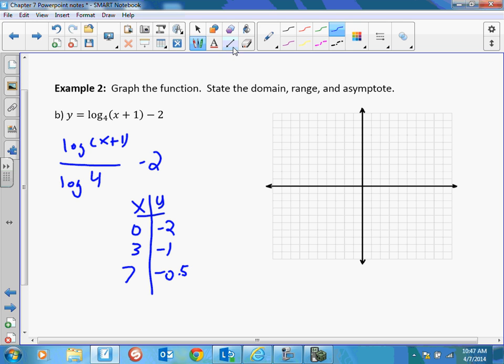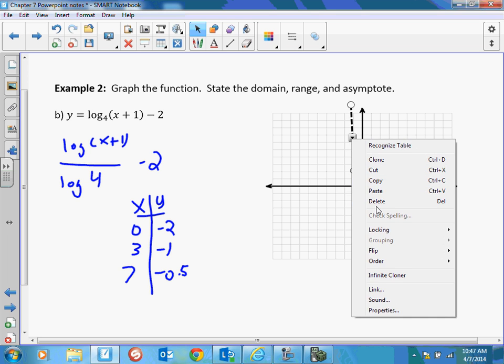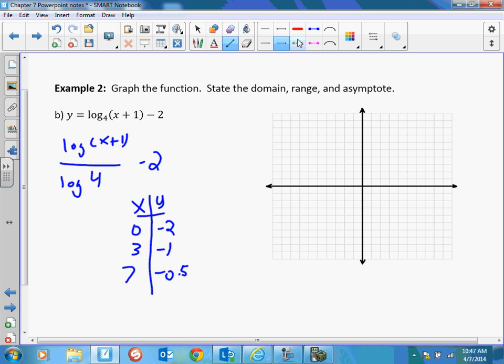Okay, so again, draw your asymptote first. I know we haven't officially put it, but we know it's -1, so let's put that first. That's bad. Make it straight. There we go. Okay, and then we can plot our points. 0, -2, 3, -1, 7, so 10, 9, 8, 7.